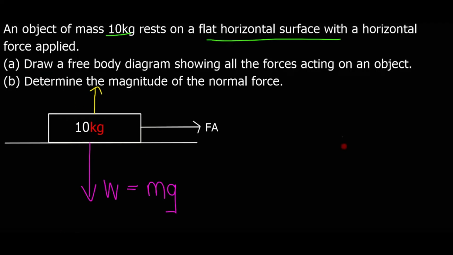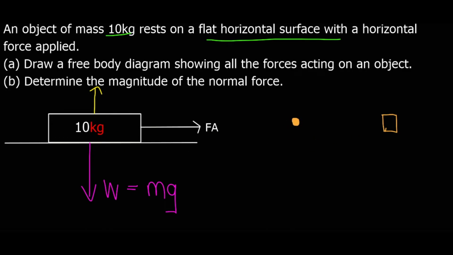Draw a free body diagram showing all forces acting on the object. A free body diagram is a way of representing all the forces acting on the object. In a free body diagram we use a dot, while in a force diagram we use a box. This dot represents this 10 kilogram object.